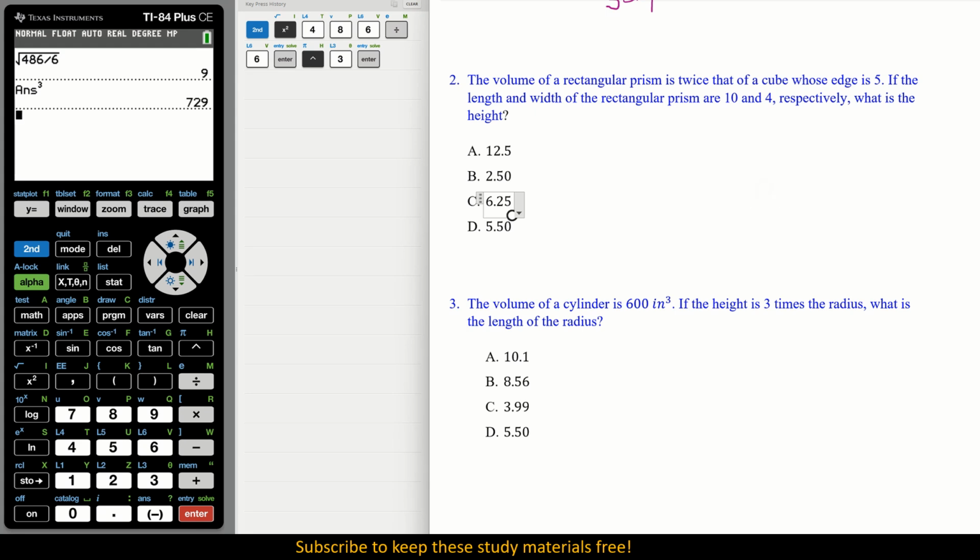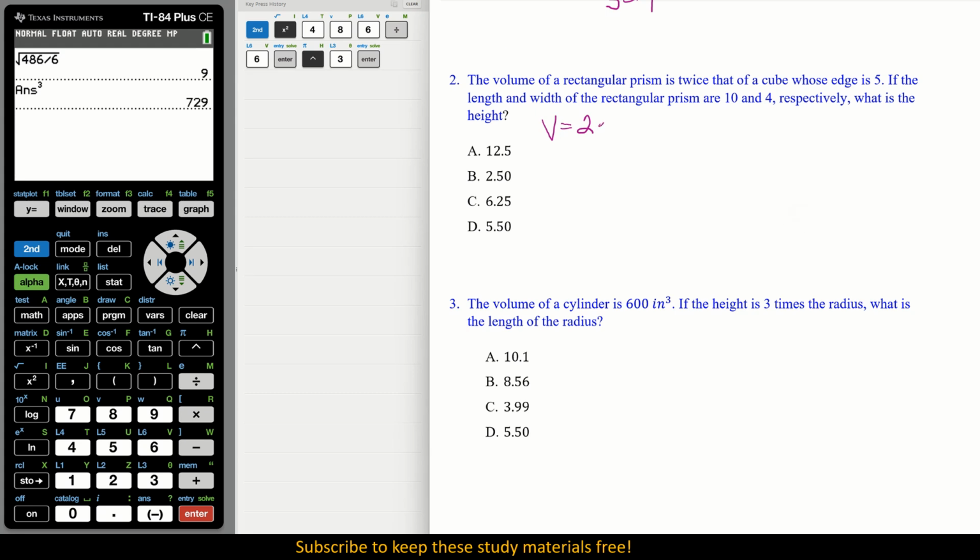All right, so the first thing we say is, okay, and let me get my pen to work. There it is. Okay, we know that the volume of a rectangular prism is twice the volume of a cube.